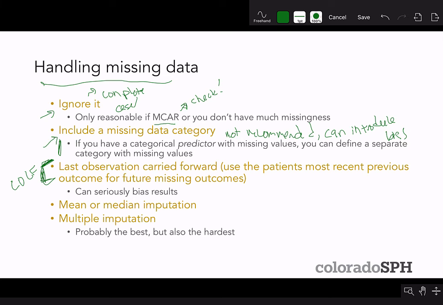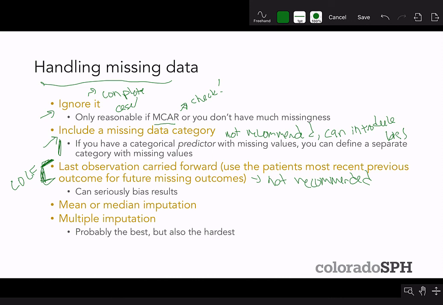And for reasons that I won't go into, but you might learn about in clinical trials classes, you sometimes want to analyze what's called the intent to treat population, which is the entire population regardless of missingness. And then you need to do some sort of imputation. However, this is also not recommended in general because it can really bias your results if the missingness is not completely at random.